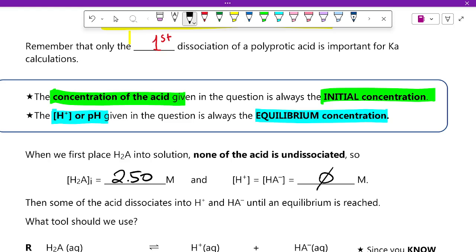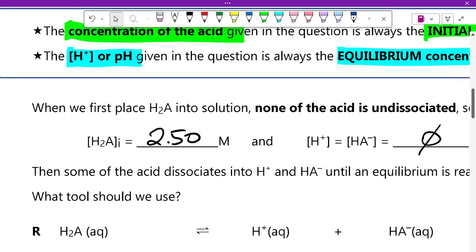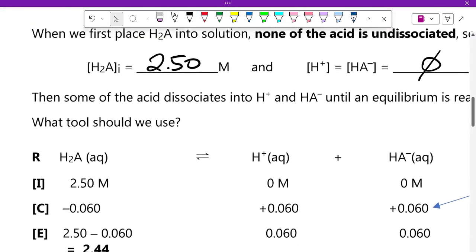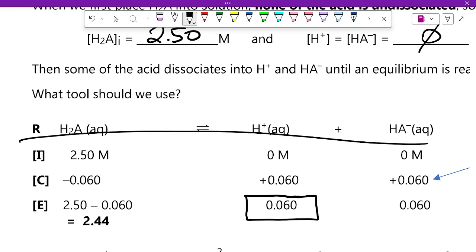And so our first row of our rice table looks very much like what our first row of the rice table looked like before. Yes? We have our initial concentration, we have 0, and we have 0. Now, we also know that we have 0.60 molar. Yes? So we filled in this part.